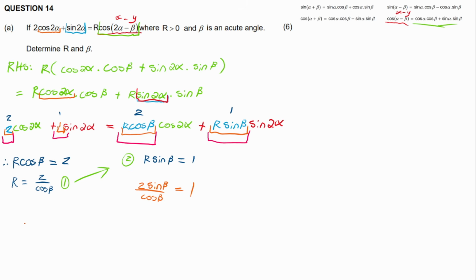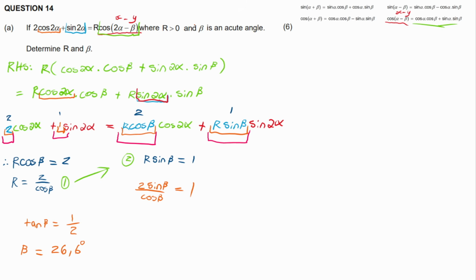If we solve for this, working down here now, we end up getting that this is tan beta, since sine over cos is tan, and then this 2, if I take it to the other side, is 1 over 2. So I can literally just put this in my calculator. I use shift tan, and when I do shift tan of a half, I get that beta is equal to 26,6 degrees.